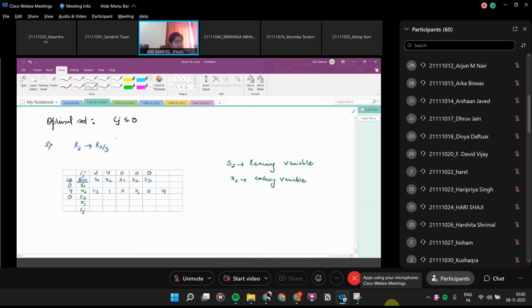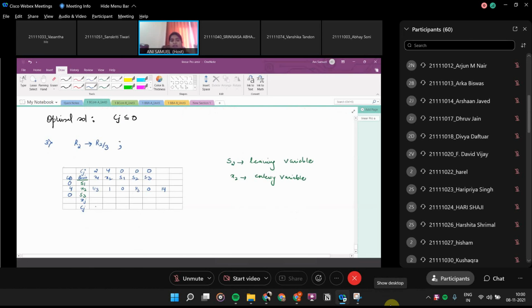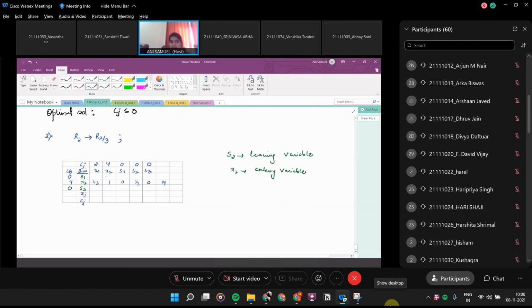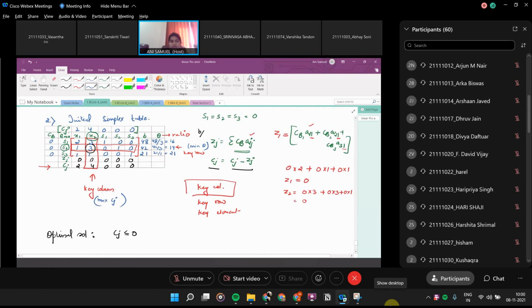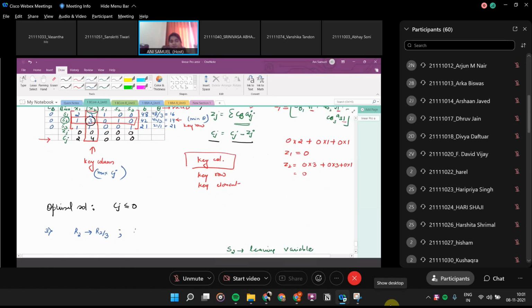Okay, then now what I have to do is make all other elements above and below in my key column as 0. So my first value should be 0, and the third value should be 0. How do we make the transformation? R1 will transform to R1 minus 3R2, as R1 had 3.